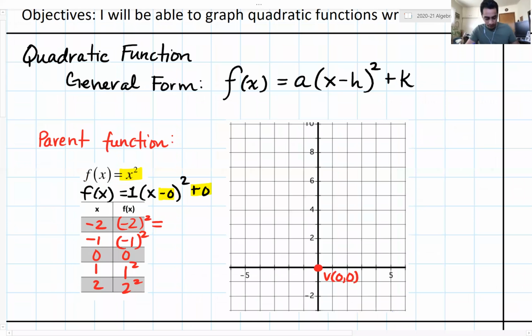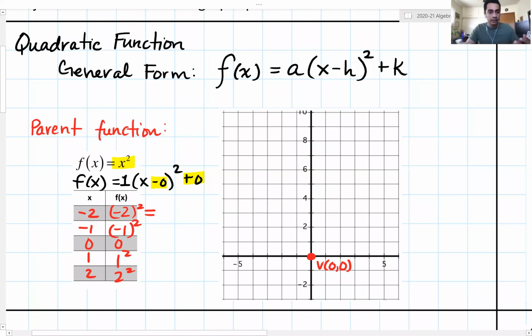And although it seems like a small detail, it's a big deal, right? Because if you take -2 inside parentheses and you square that, what you're saying is -2 times -2, right? Negative times negative, that means we're going to get 4 as a positive output. Okay. Same thing happens here with -1 squared. -1 times -1, that's a +1.